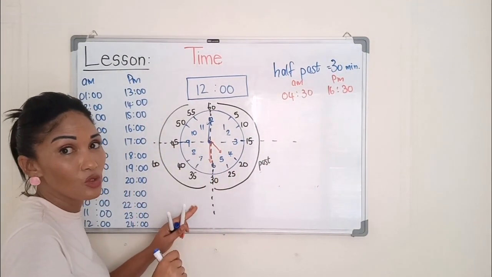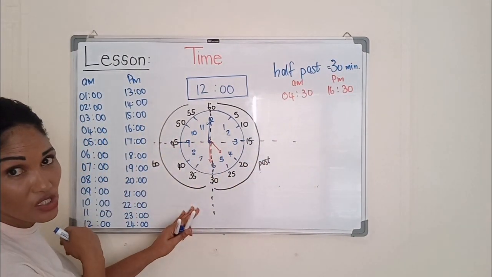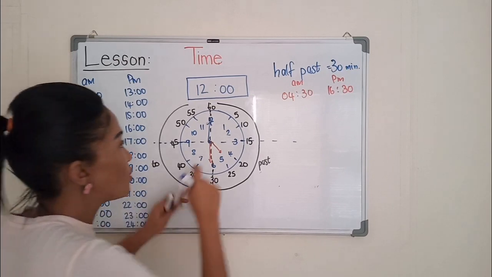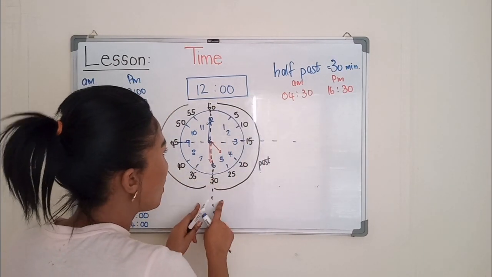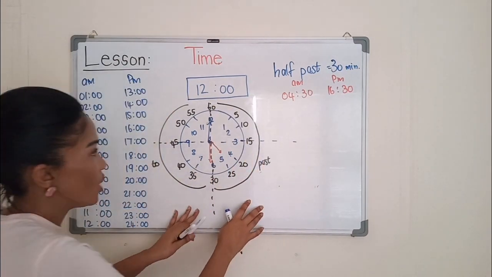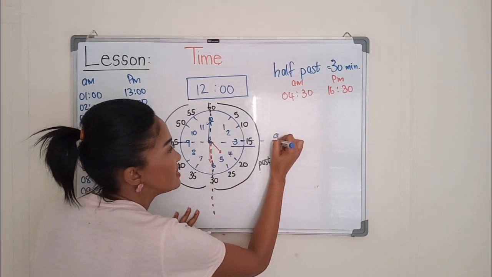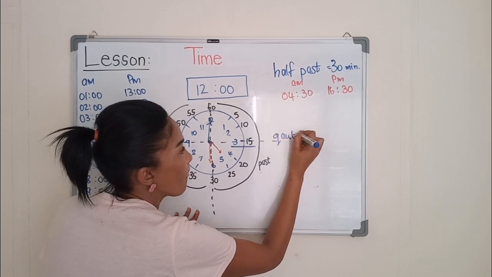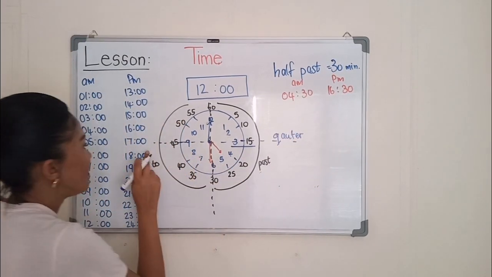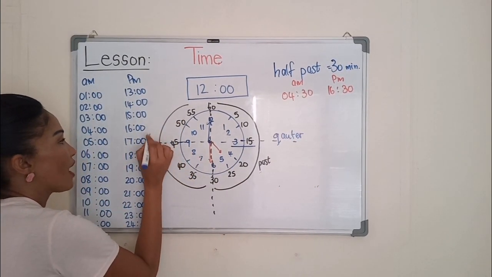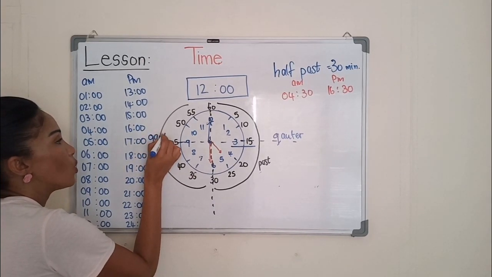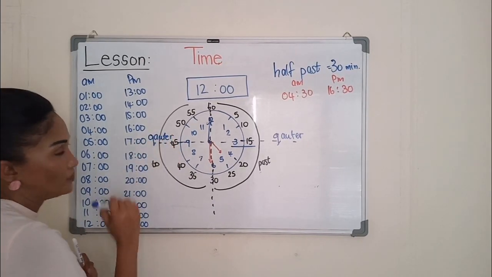It's easy for us now to say which side is quarter past and which side is quarter to, because we already identified what was past and what was to. So where the 3 and the 15 is, this is quarter past, and where the 9 and the 45 is, is quarter to.